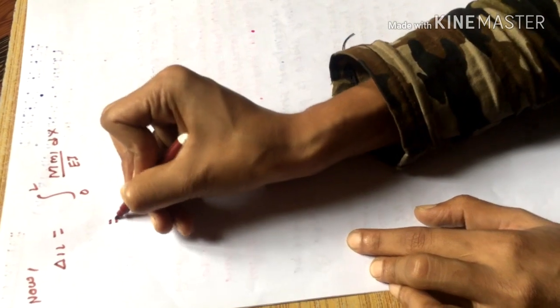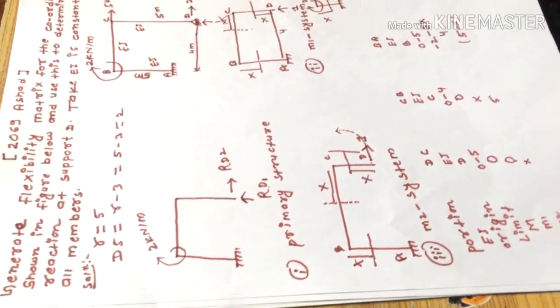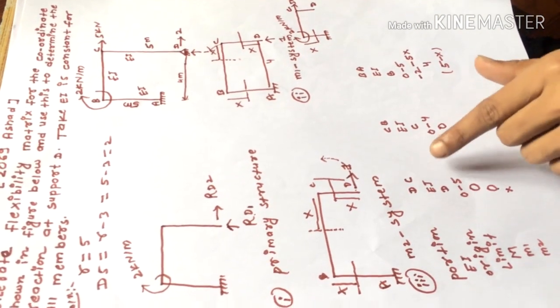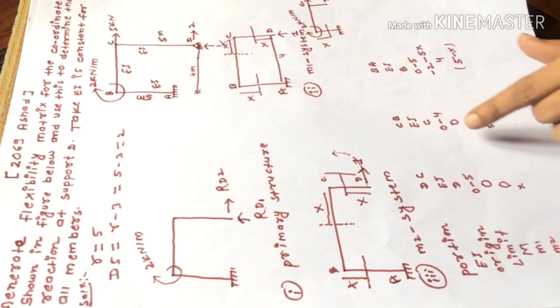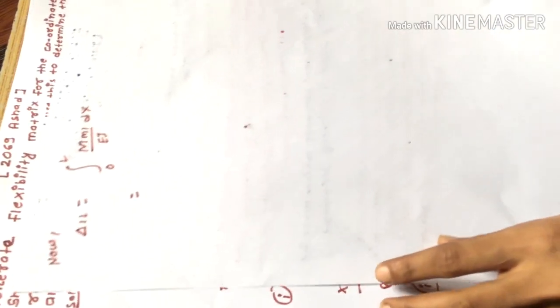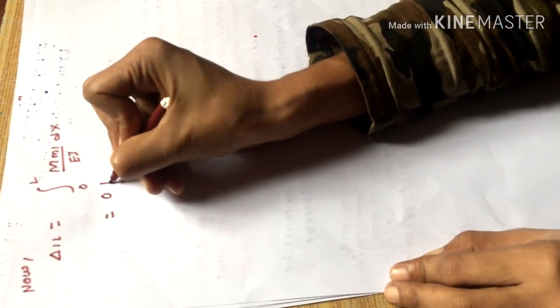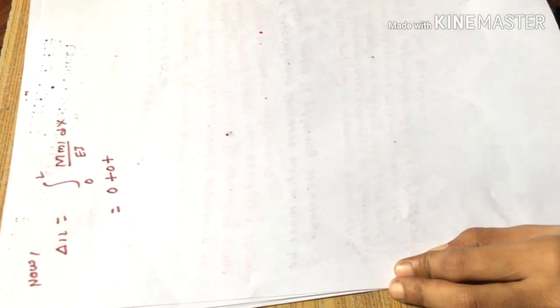Now let us put in all these values. Here we can see for portion DC, moment m is 0 and m1 is 0. For portion CB, m moment is 0. Then for portion DC and CB, 0 plus 0.